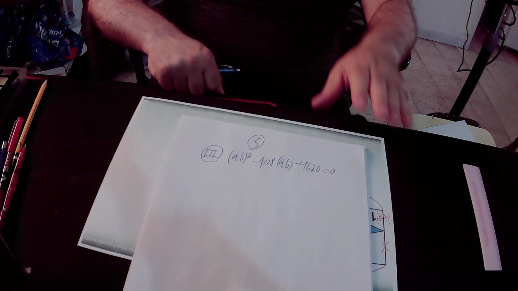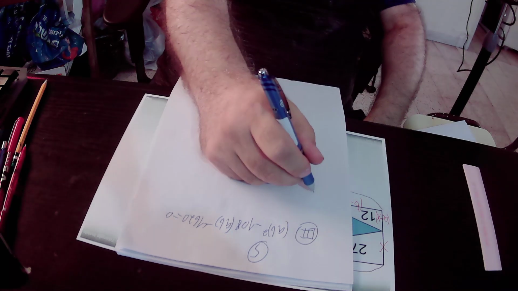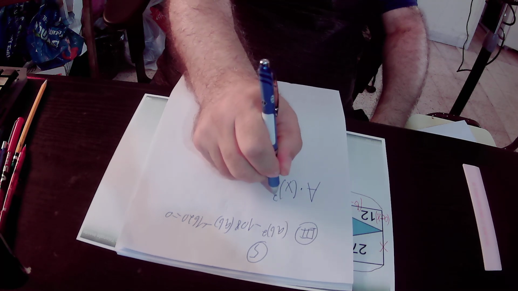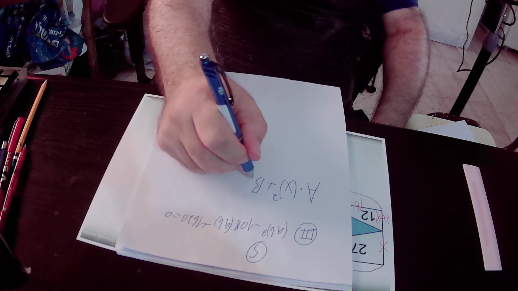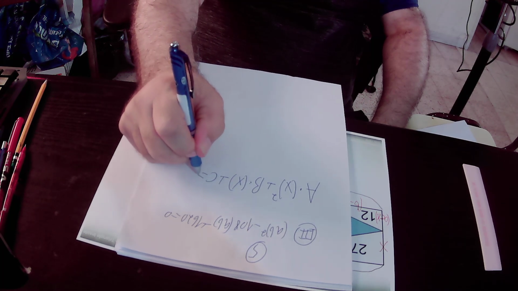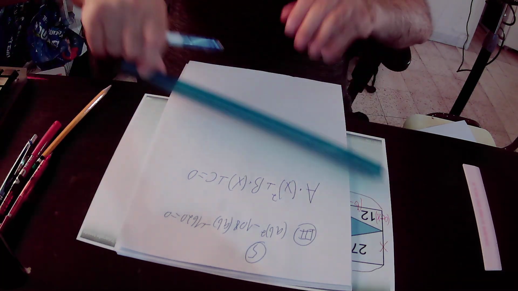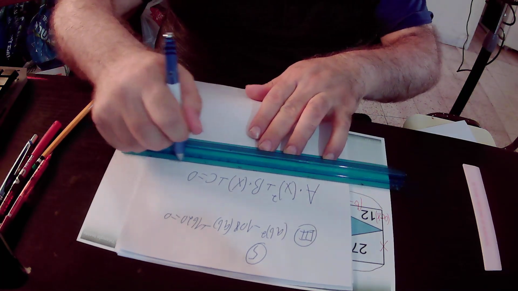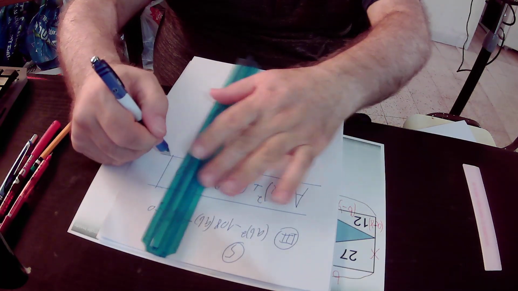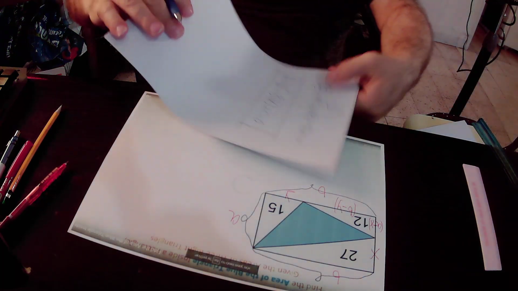So the general formula of a quadratic equation is A times x squared plus B times x plus C equals 0.